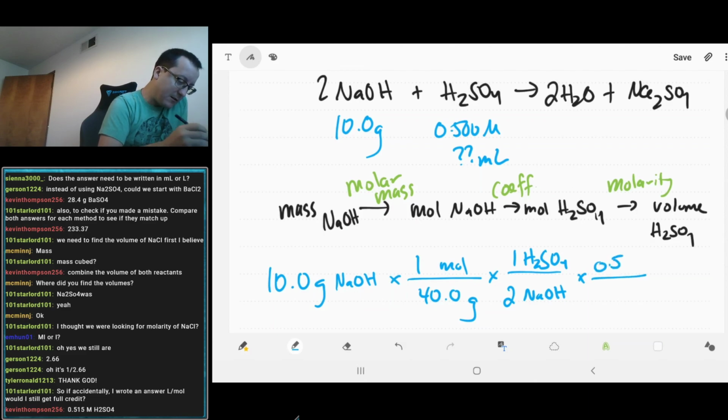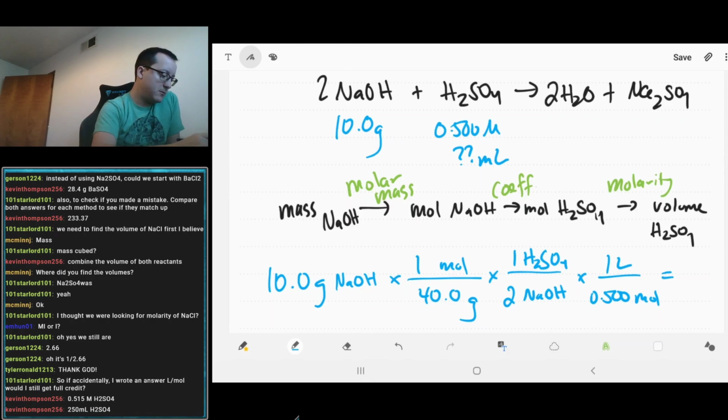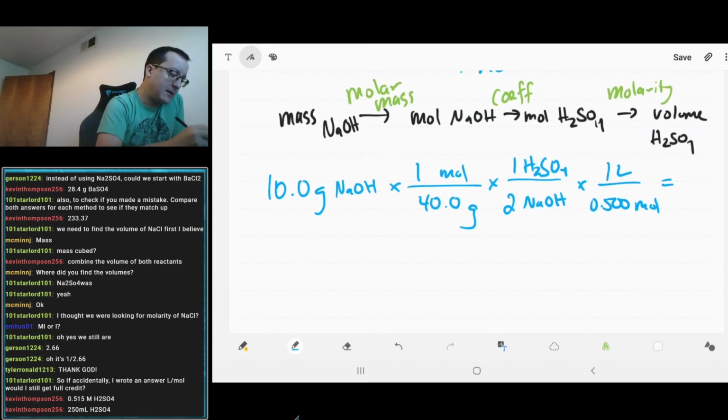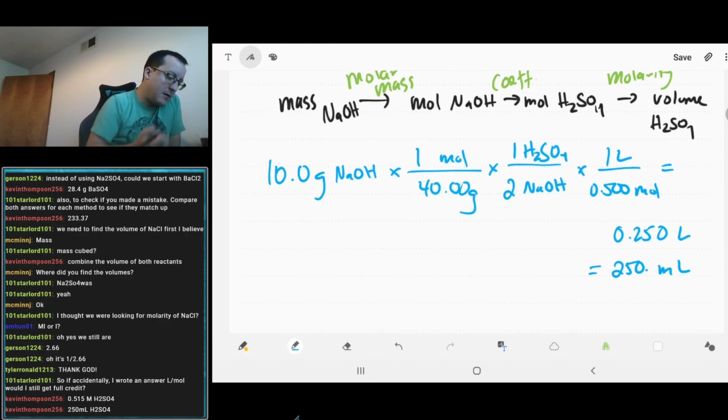And we are given the molarity. Liters has to go on top again because we are looking for a volume. Oh wow, this worked out quite nicely. So you do that stuff, you get 0.250 liters, which is equal to 250 milliliters. Don't forget your sig figs. We're going to want 3 of those there.